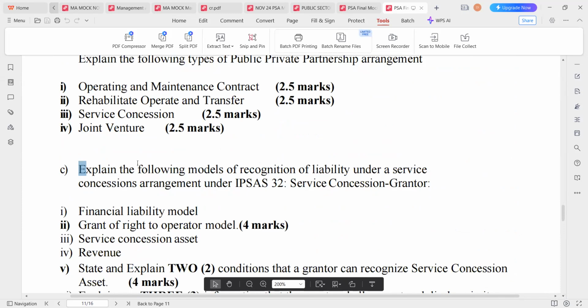Look at the question. Explain the following models of recognition of liability under the service concession arrangement under IPSAS 32.